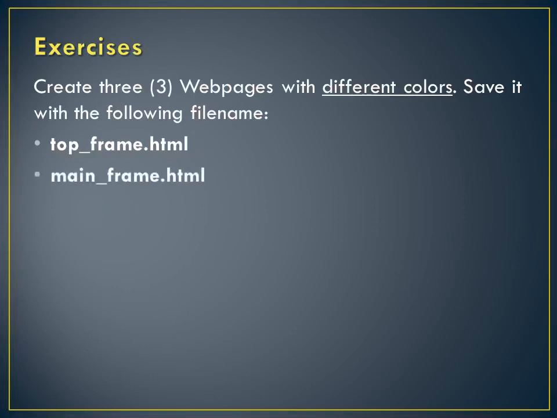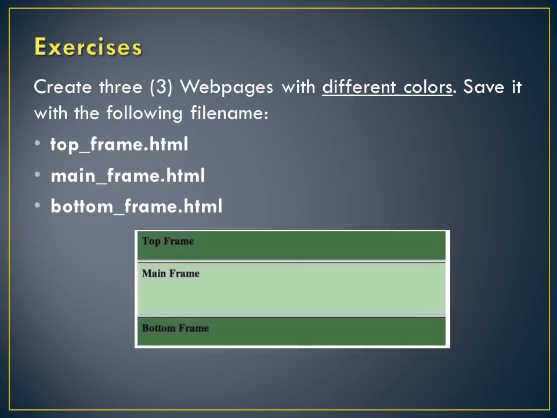Then another web page, which we will name main_frame.html. Let's have the red background. And the bottom_frame.html has a yellow background. So we have the top, the main, and the bottom frame.